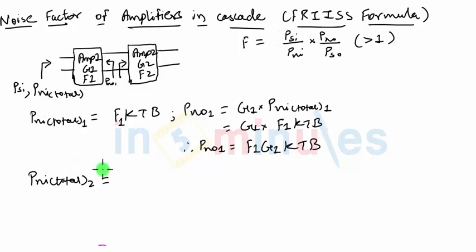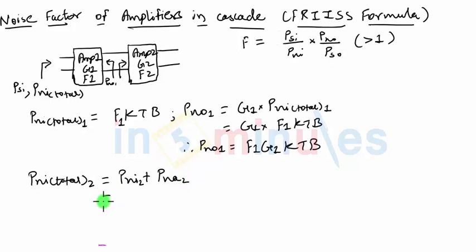We will now use a different expression for PNI total. PNI total in one of the previous clips we have written as nothing but PNI, which is the actual noise present at the input, plus PNA, which is the noise that is available at the input, which represents the equivalent of the internal noise added by the amplifier. Obviously both these values will be taken as PNI2 and PNA2.